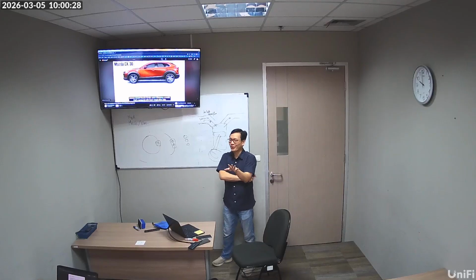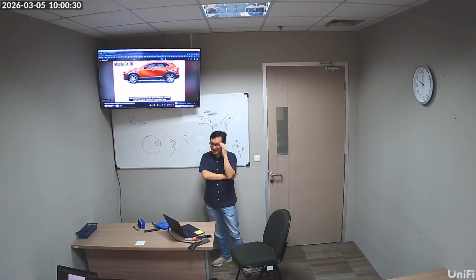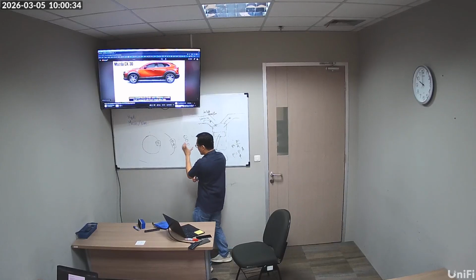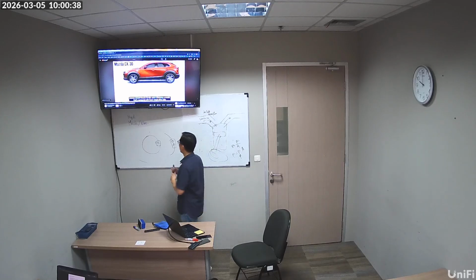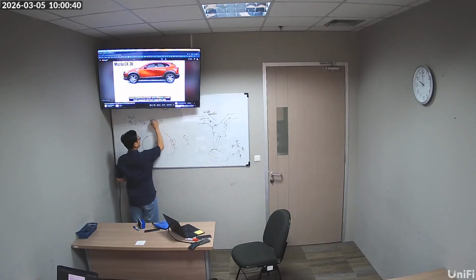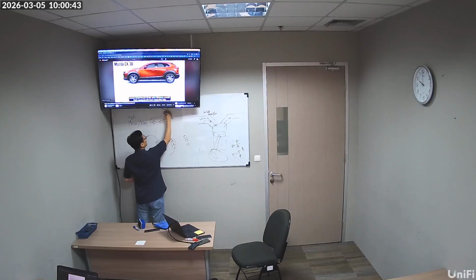Okay, I can see where you're going, but before we go there, let me ask you this. Will a big brake kit, will a brake upgrade stop your car sooner? So you go from 100 km per hour to 0. Does it reduce your braking distance?